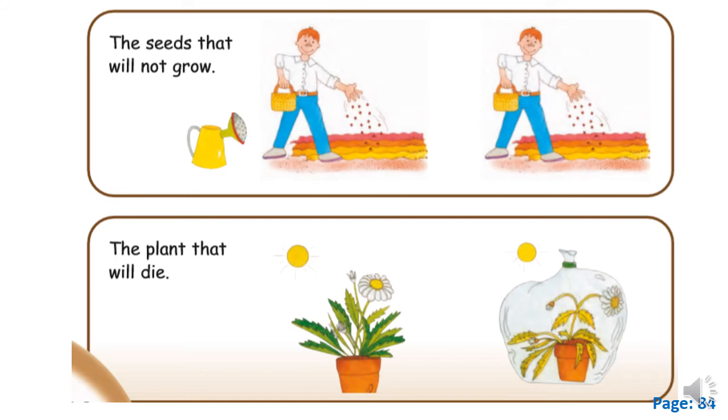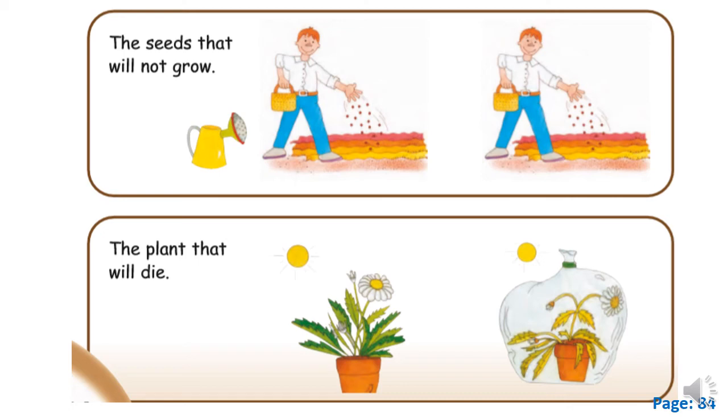The seeds that will not grow. Try to compare first the figures. As we see, there is man trying to grow some seeds, but in the first one there is watering can. What do we mean by this watering can? He is giving water for the seeds, and the next one without water.